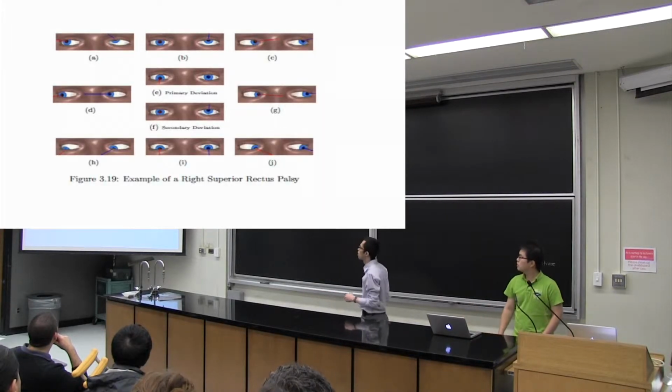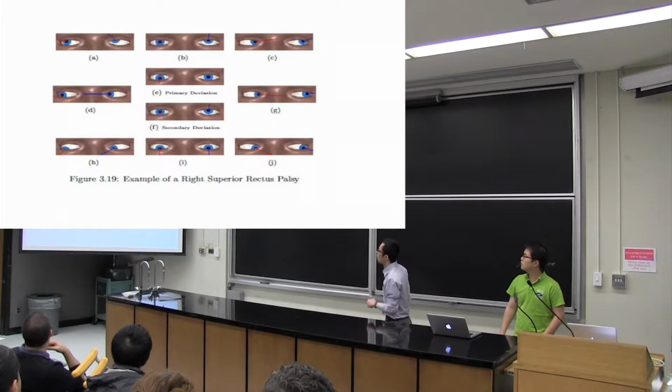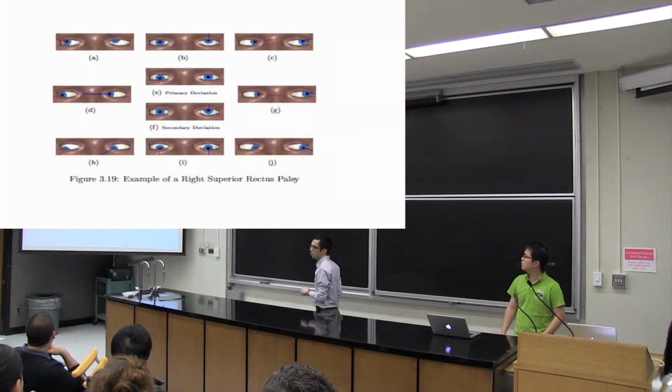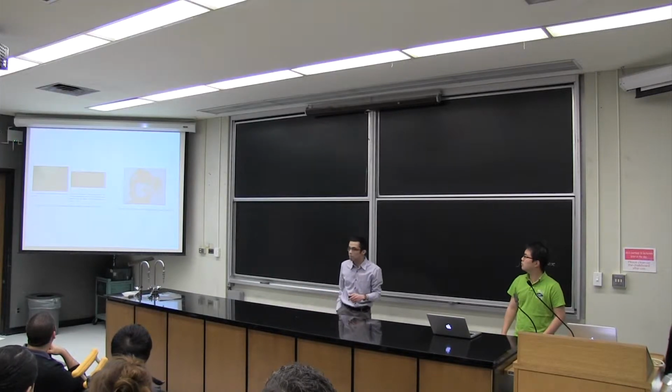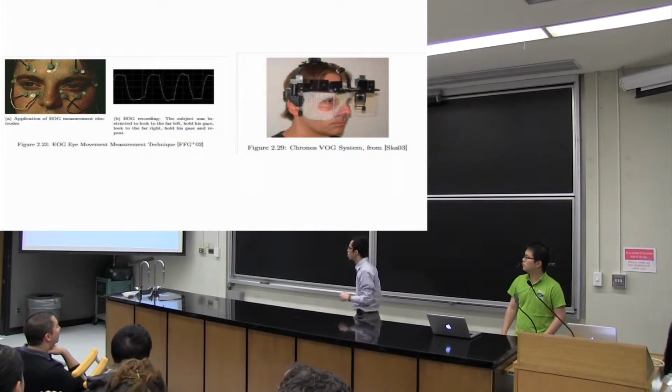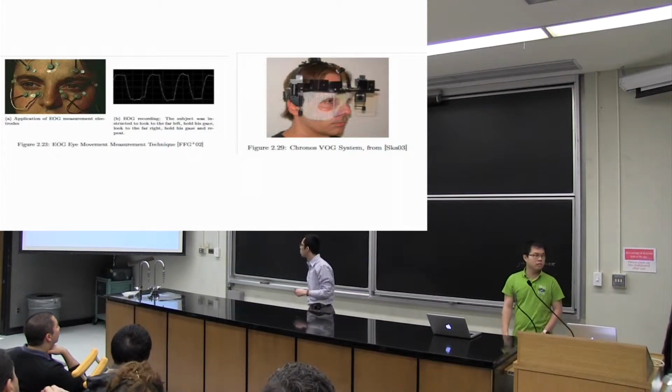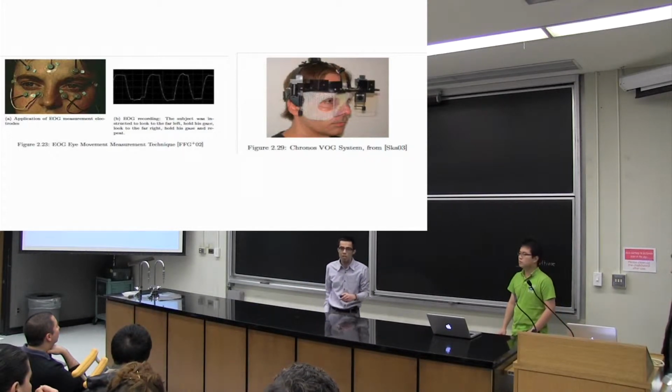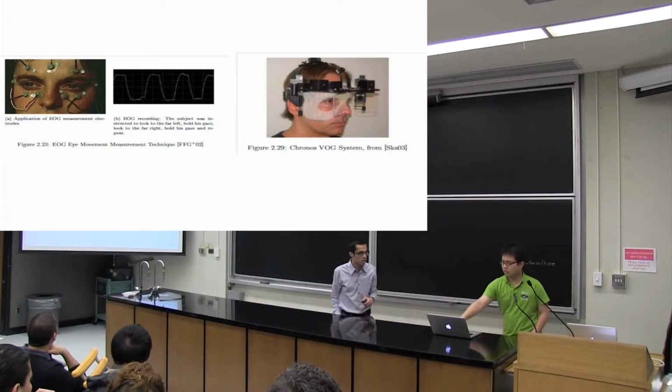In this case, if you look at B and I, right eye is going up, and potentially augment or replace fancy tools such as these, where there are electrodes and other cameras which look at the eyes for abnormal movements.